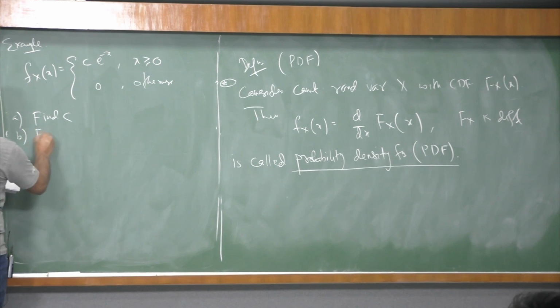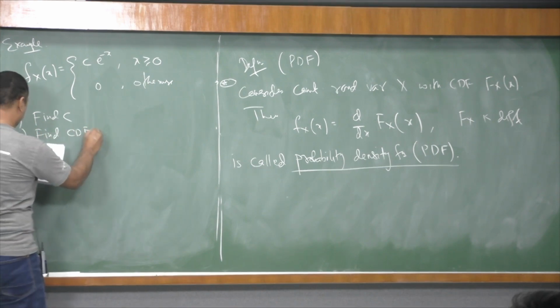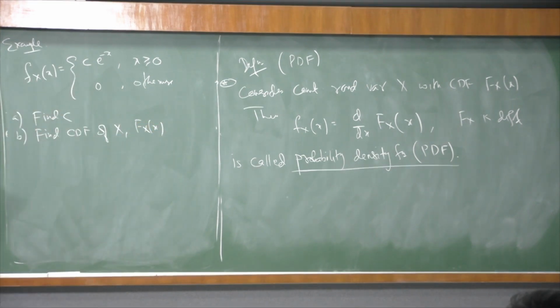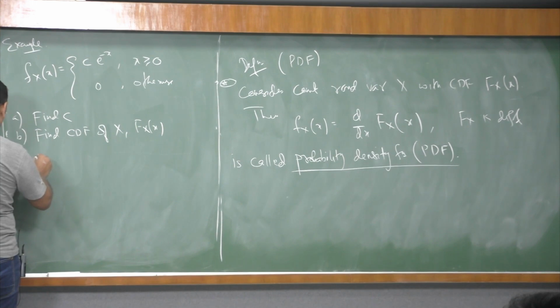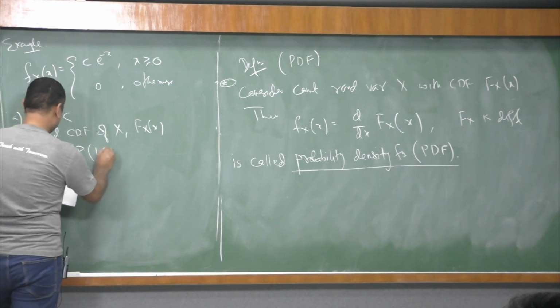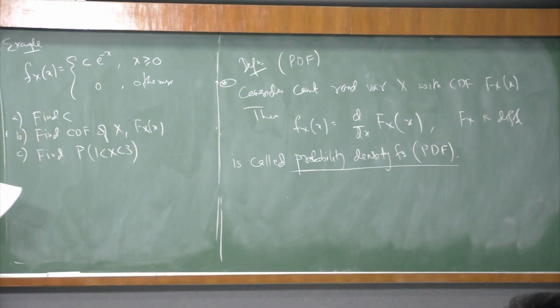B: find the CDF of x, F_X(x), which gives us the value of the CDF. And the third question is to find the probability within a certain range. C: find the probability that 1 less than X less than 3. Let us do this one by one.